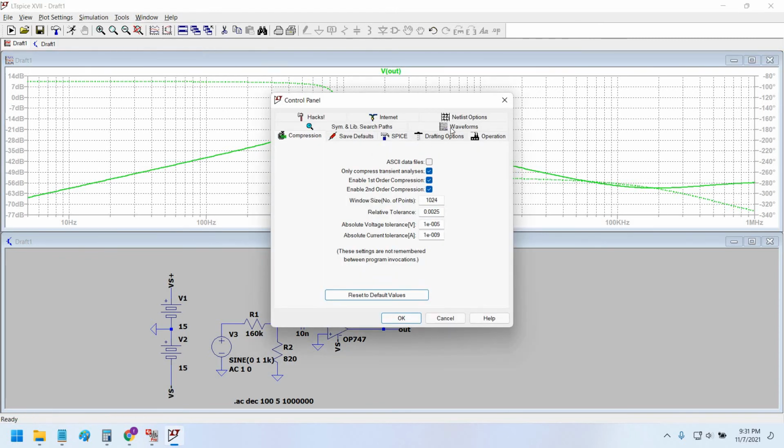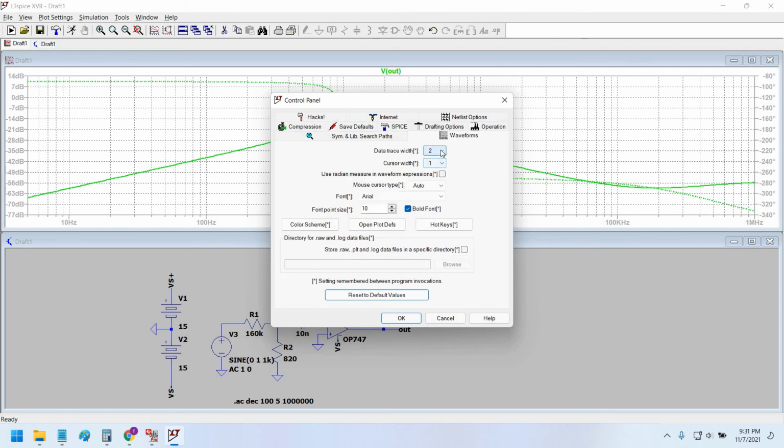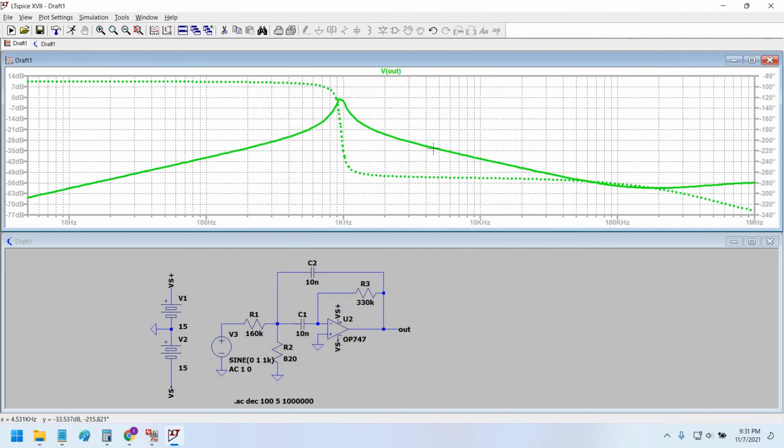Yes, here waveforms, trace width, data trace width equal to 4. Okay, now you can see it much more clearly.